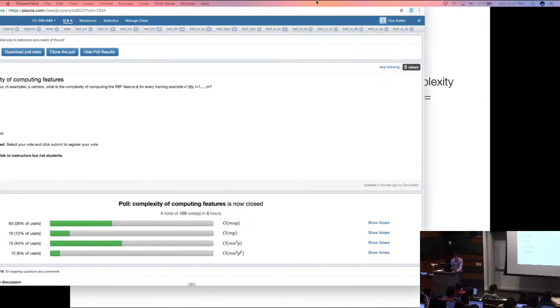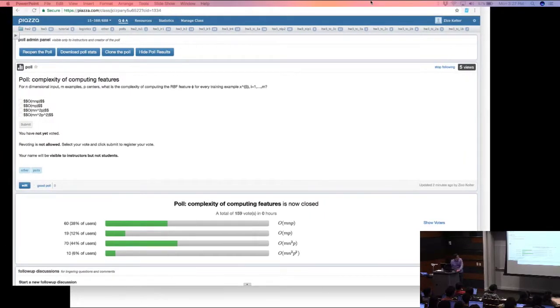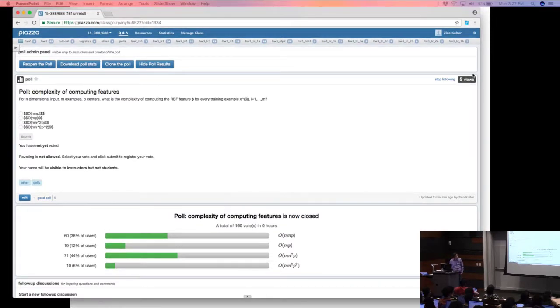So let's see what people said. All right, a pretty even split actually between the n, m, p and n, basically is there an n or an n squared term in there? So who wants to take a stab at that? Anyone want to volunteer to argue one way or the other?